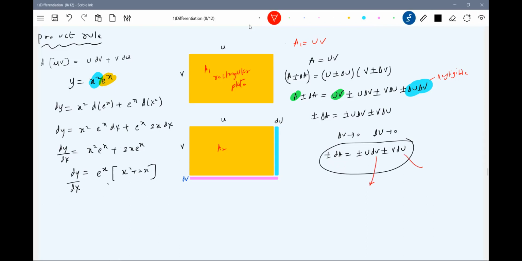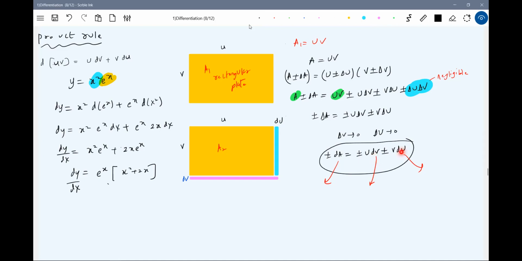What is dv? What is du? What is dA? And what is u? What is v? U is length. V is breadth. What is dv? Infinitesimal change in length.